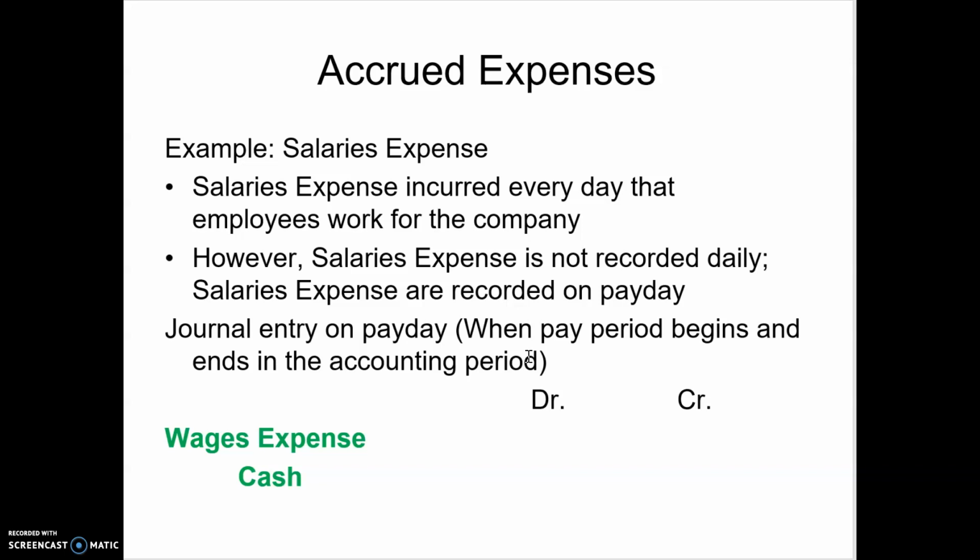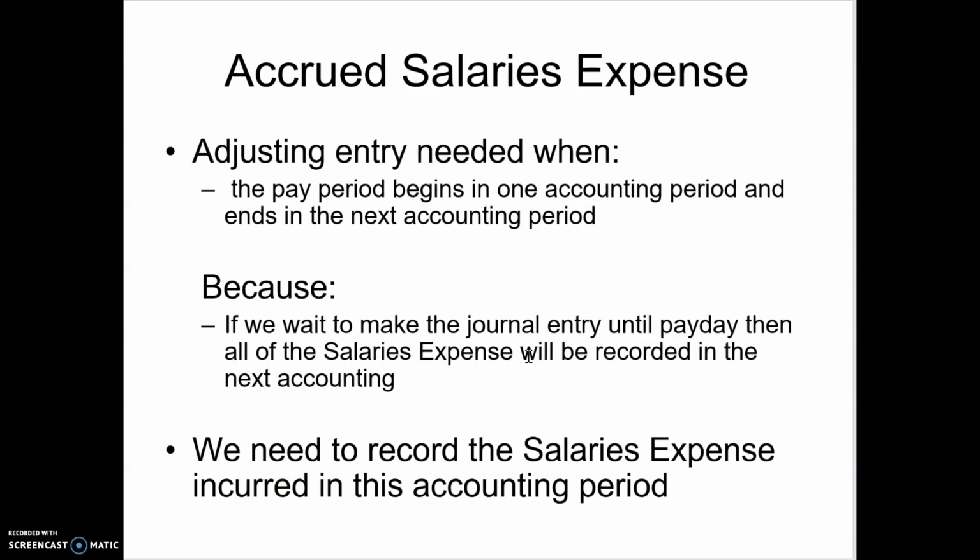But like where I get paid every other Friday. So there's sometimes where the pay period starts in one month and ends in the next month. So we've got some overlap. And so we're going to have to make an adjusting entry when that happens. So Prairie State has to make adjusting entries for their salaries.